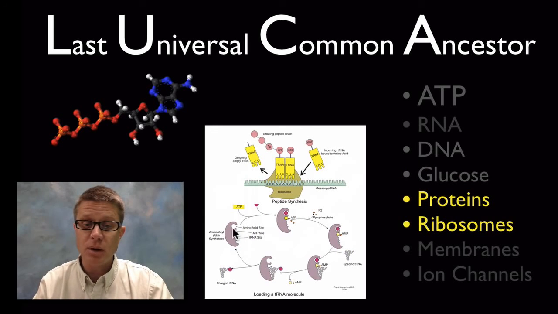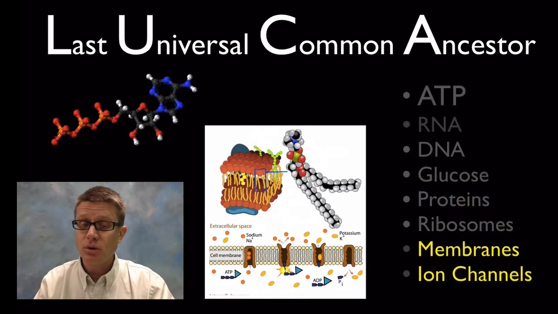Well, how do we do that? Remember, it's going to be ATP that's binding those amino acids onto the tRNA so that we can build them inside the ribosome. And remember, all cells are also going to have membranes and use ion channels. Well, if you look at it, that ion channel, like that sodium-potassium pump, uses ATP. And if you were to look even in the phospholipids that make up the membrane, what do we find right here in the middle? We find that phosphate group.